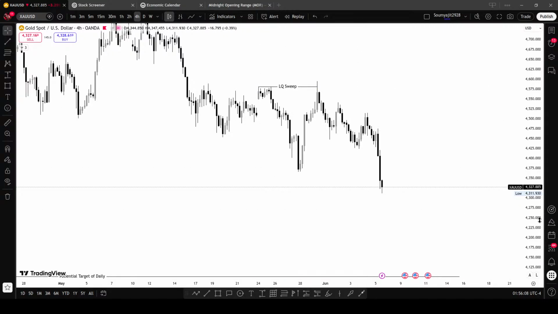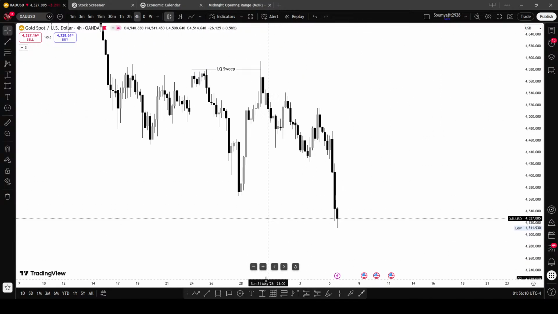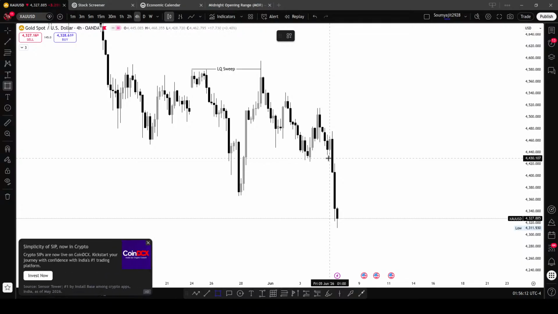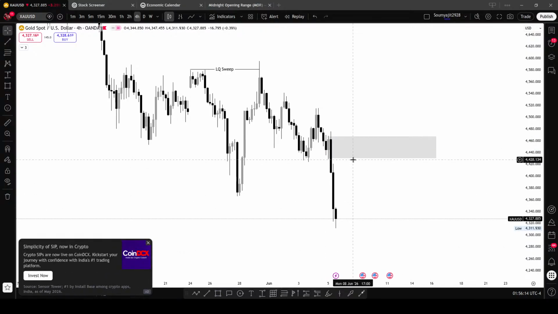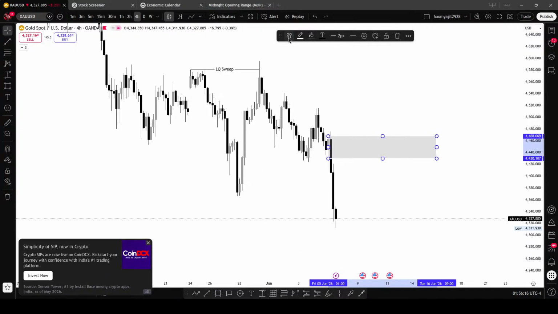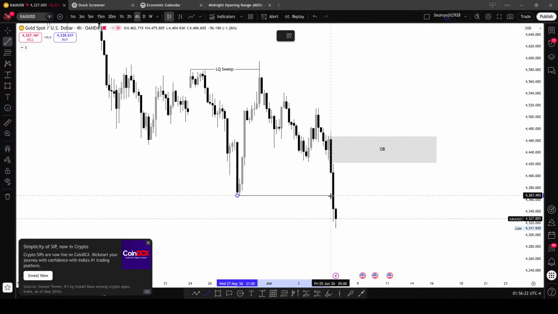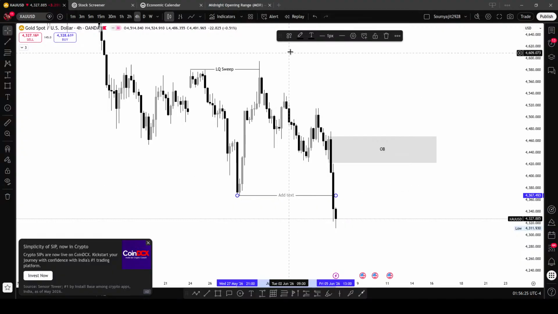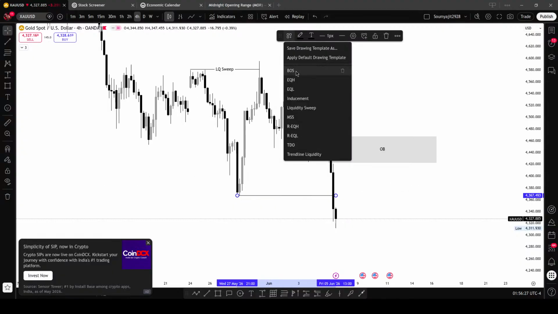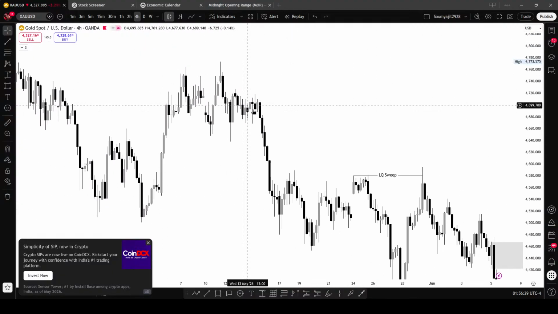We can also mark some supply and demand areas that can be used for the price to get some reaction. This will be a potential area for a next sell opportunity on the gold. Right now this should retest up to some area. So this is a breakout structure on the 4 hours time frame.